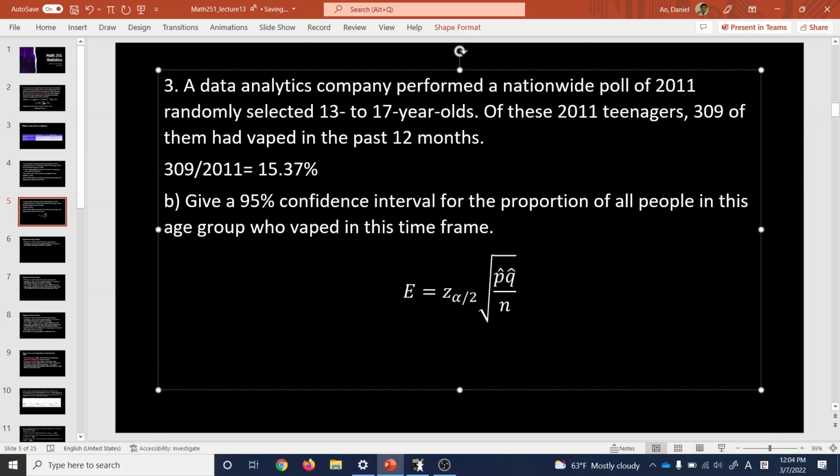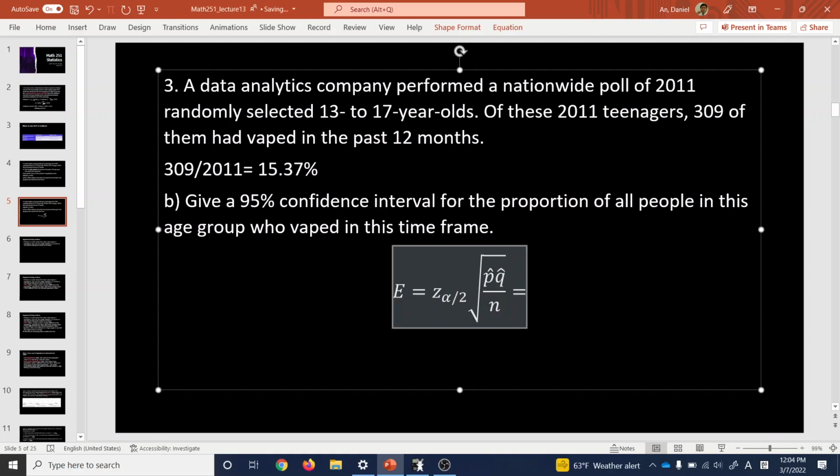Is that the right one? pq over n, right? Yeah, it's this one. Okay. All right. So that's what we have.